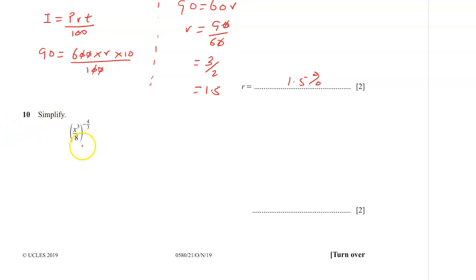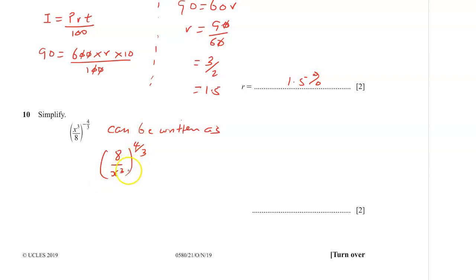Number 10. Simplify this expression right here. This is x to the power of 3 upon 8 in brackets, raised to the power minus 4 over 3. Because of this negative here, you can invert this expression. It becomes 8 upon x cubed, raised to 4 over 3.